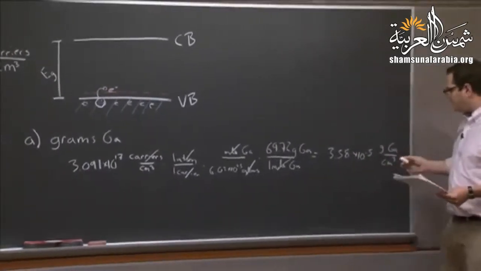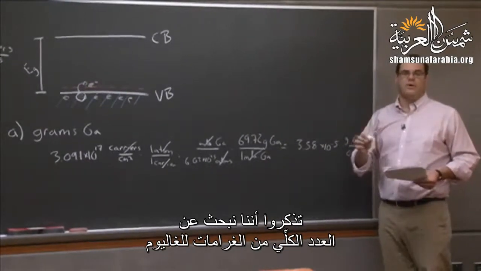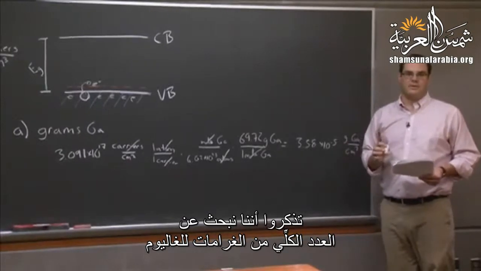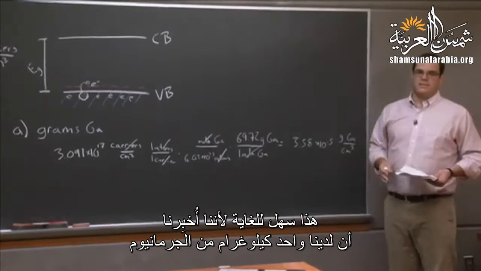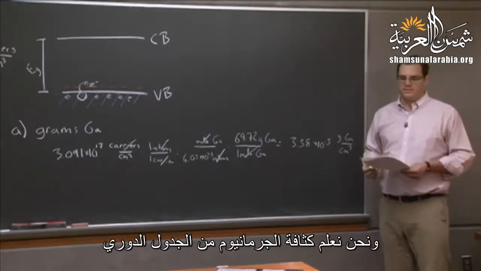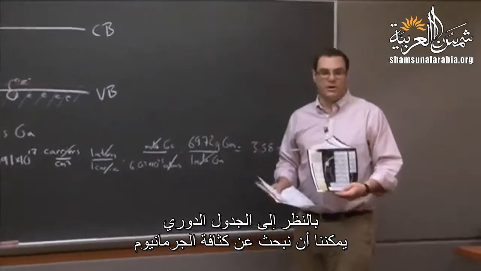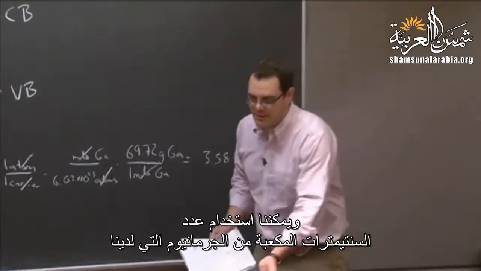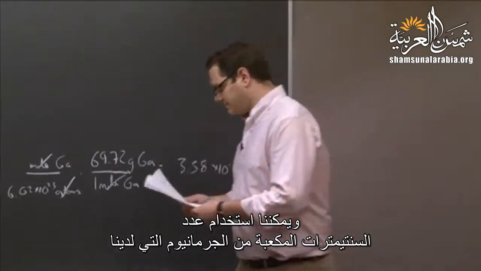So, looking good. We're pretty close to the answer, but we don't actually have it yet. Remember, we're looking for total grams of gallium, not grams per centimeter cubed. That's pretty easy, because we're told that we have 1 kilogram of germanium, and we know the density of germanium from our periodic table. We can then back out how many centimeters cubed of germanium we have.